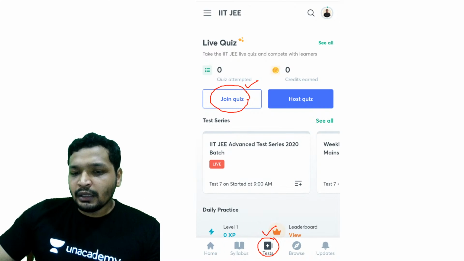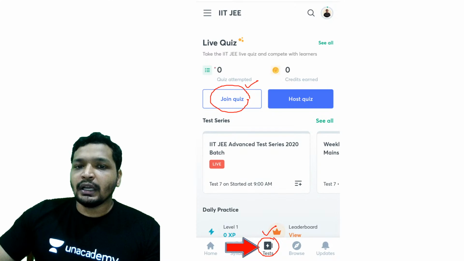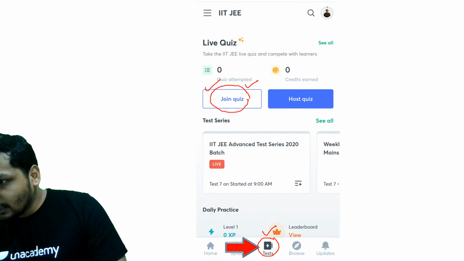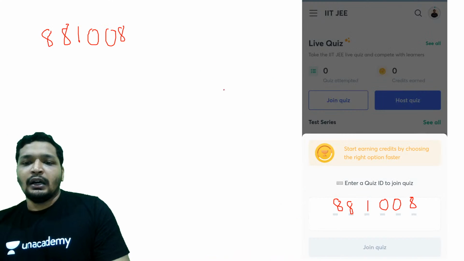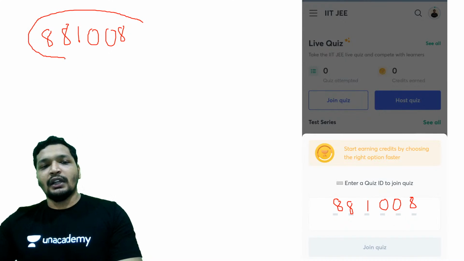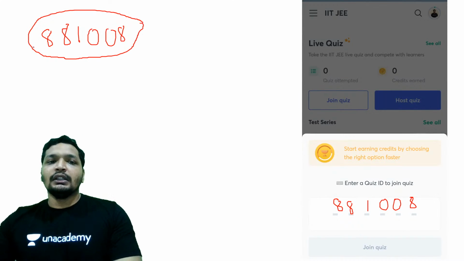It would be the middle one where this red pointer is pointing, and then you will click on join quiz. We'll soon have it for iOS.